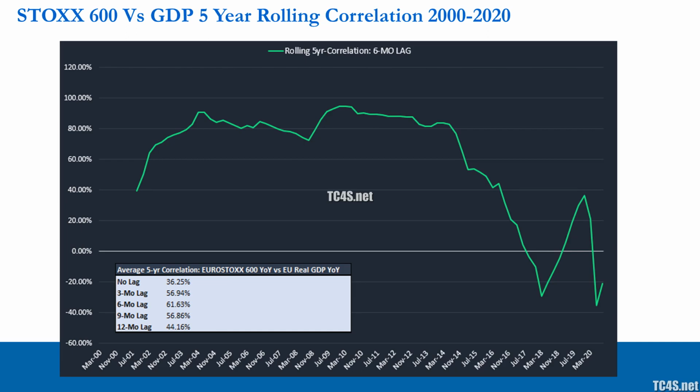So the 6-month is definitely the most statistically significant. But when we look at this visually, we can see that the number was pretty high up until the years of around 2014, 2015, and then correlation started to come down.